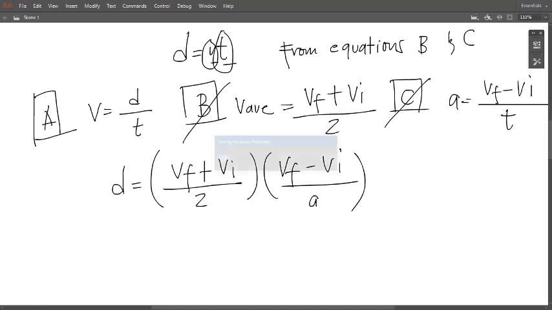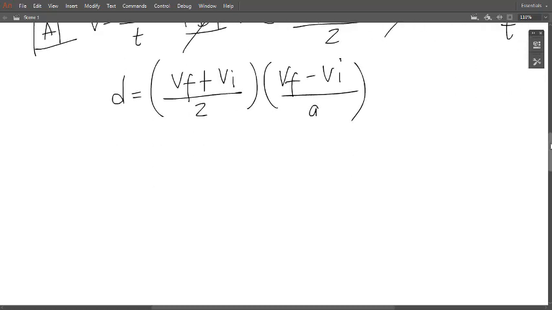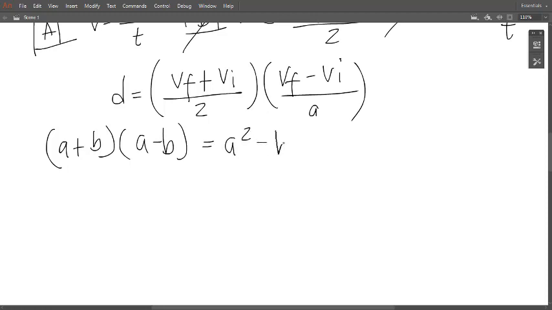So let's proceed. Recalling from our algebra when we were in grade 7, a plus b multiplied by a minus b will give us a squared minus b squared.